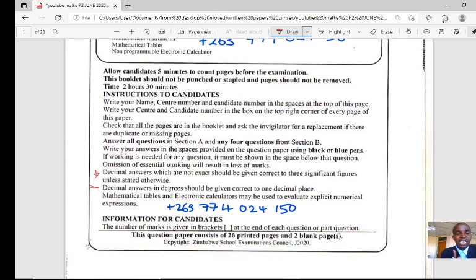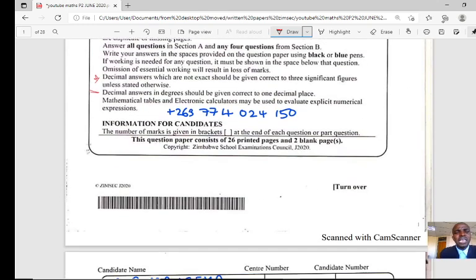Take note of that. It's very important. Then decimal answers in degrees should be given correct to 1 decimal place. Omission of essential working will result in loss of marks. No shortcuts. Proper working. Right.